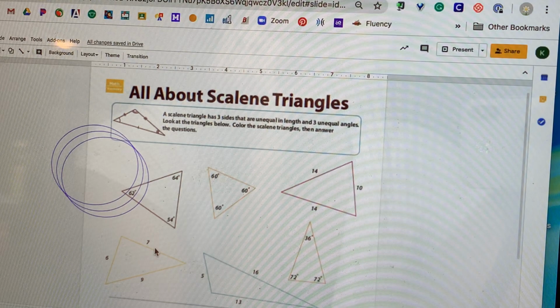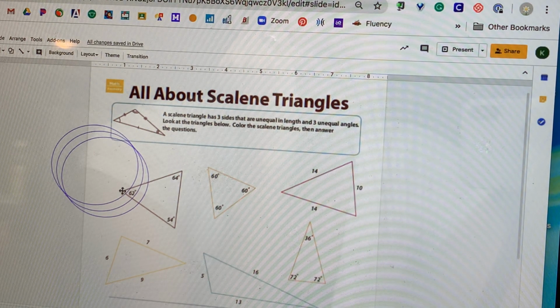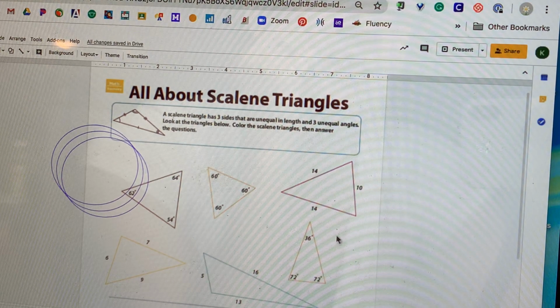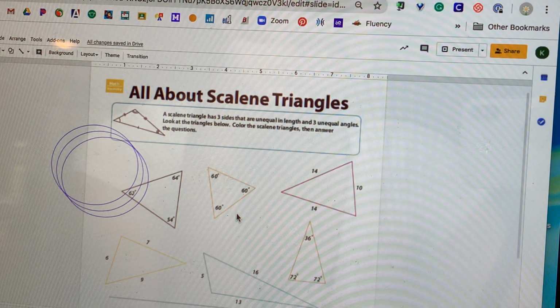So I'm gonna see if there's any in here that have angles that are all different. So this one, let's do these ones over here first. 36, 72, and 72. These 2 angles are 72. They're the same. So that is not a scalene triangle. They have to have 3 angles that are different sizes.